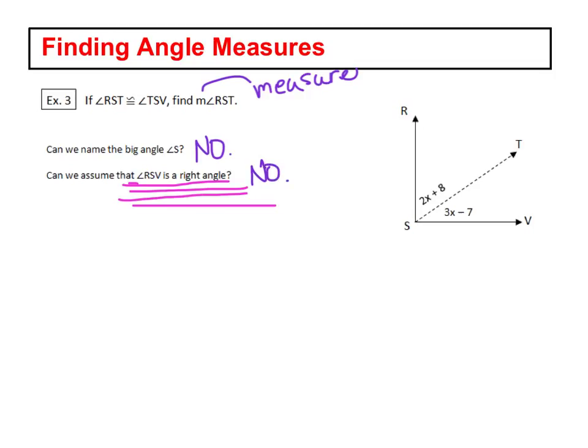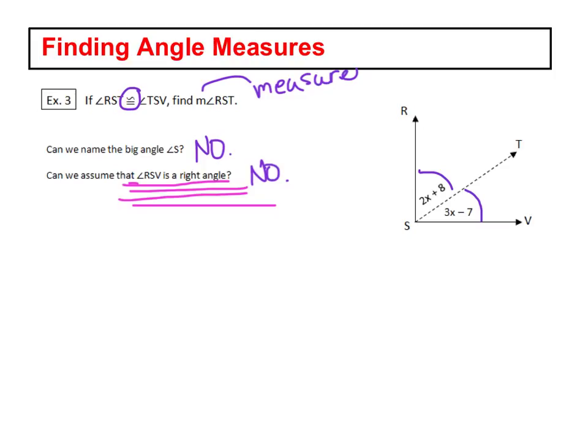All right, so what do we know? We know that angle RST, so here's RST right here, is congruent to angle TSV. And here's TSV. And see how I made those nice little congruency marks? So what does congruent mean again?